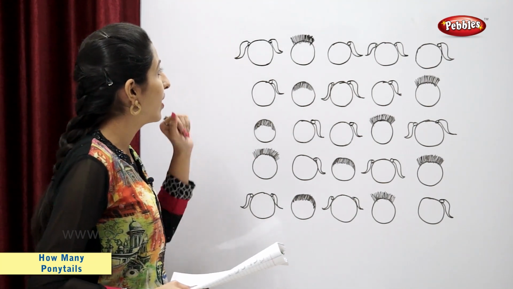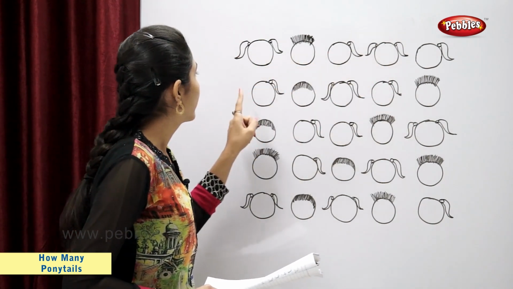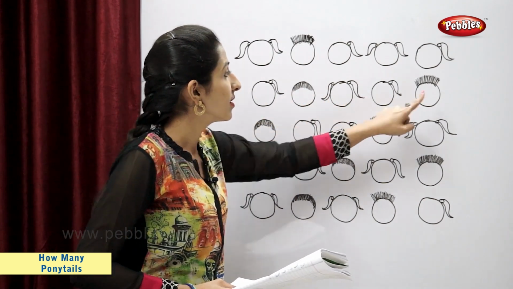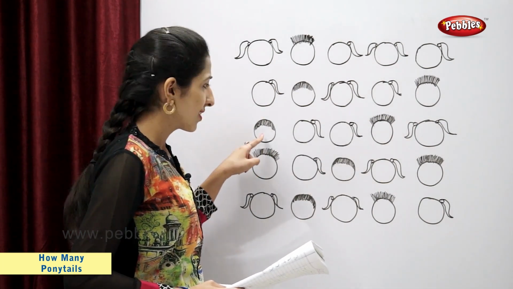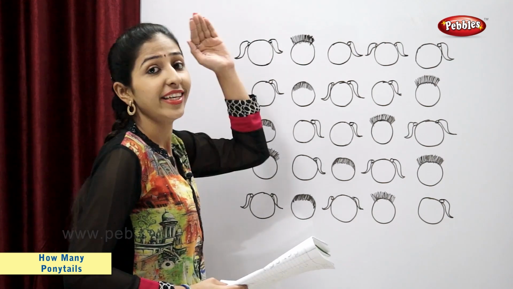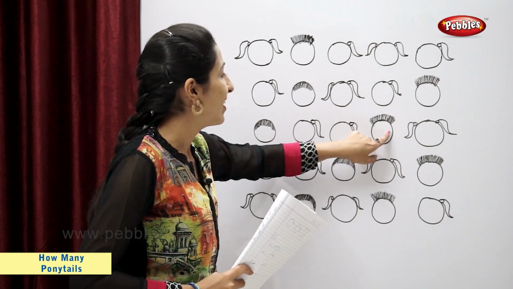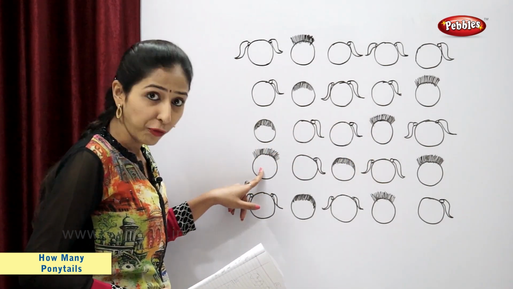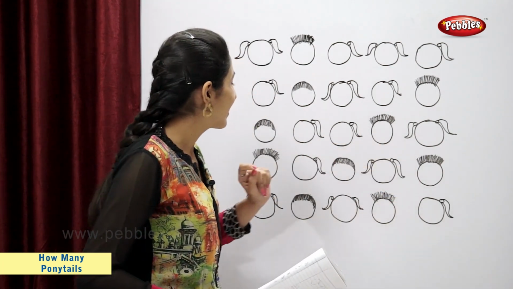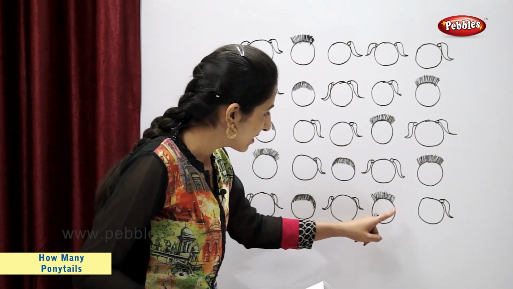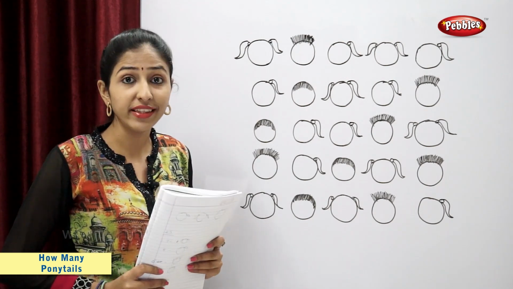Let's count. 1, 2, no, with their hair up. 3, 4, 5 and 6. So there are 6 children with their hair up.